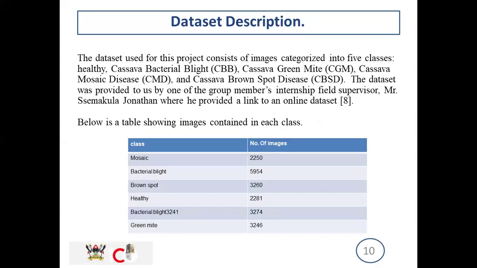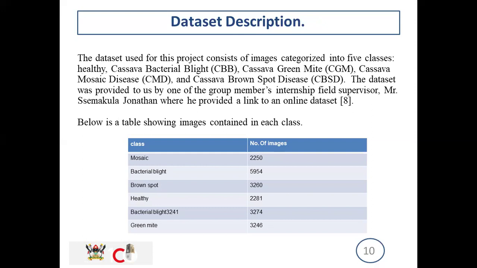About the data set we used, we got our data set from Mr. Jonathan Makula, who was a field supervisor and one of our group members. The data set he provided was a link to an online data set, and the image below shows the contents of the data set.